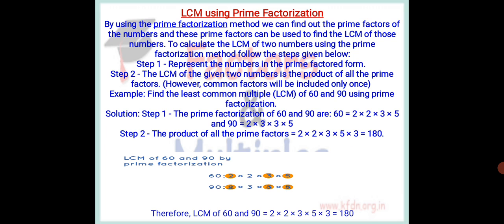And the last factor in case of 60 is 5, in case of 90 it is also 5. So the product of all the prime factors equals 2 into 2 into 3 into 5 into 3, that is 180.